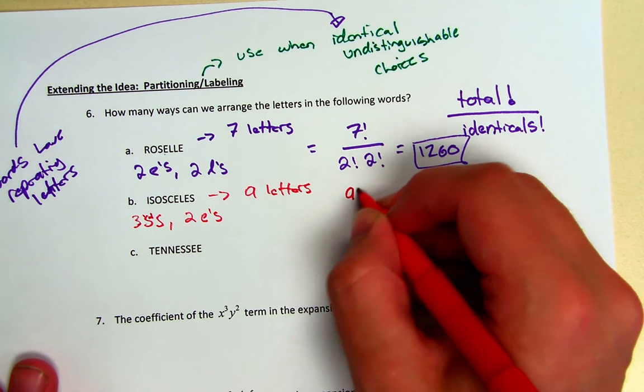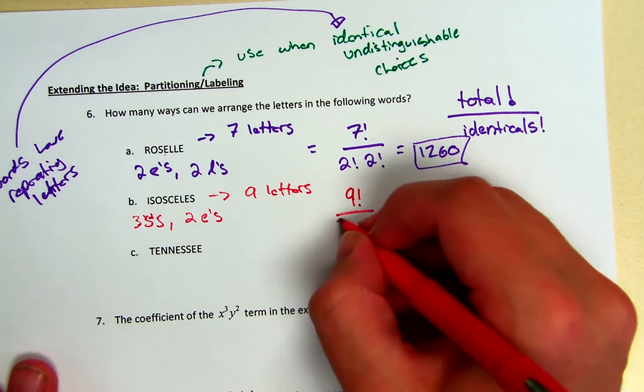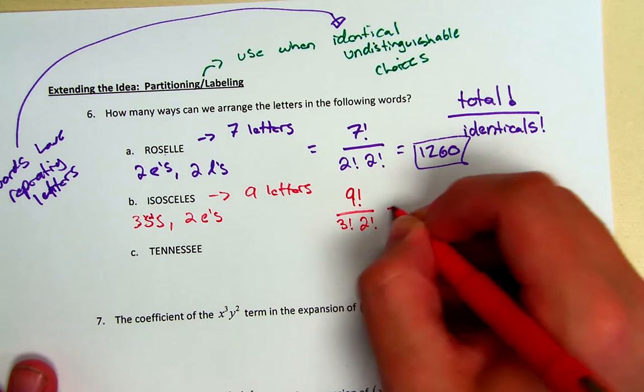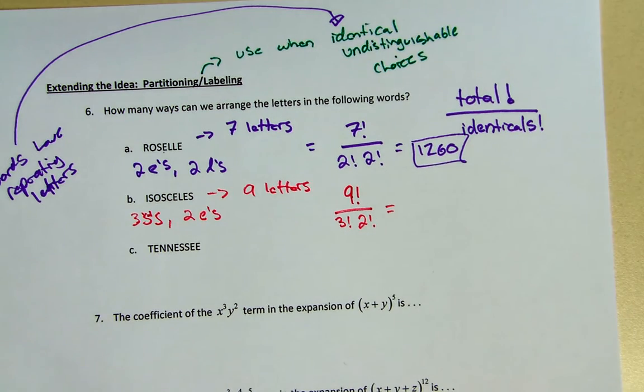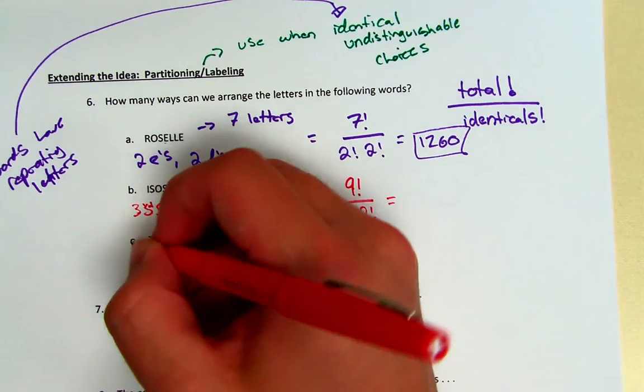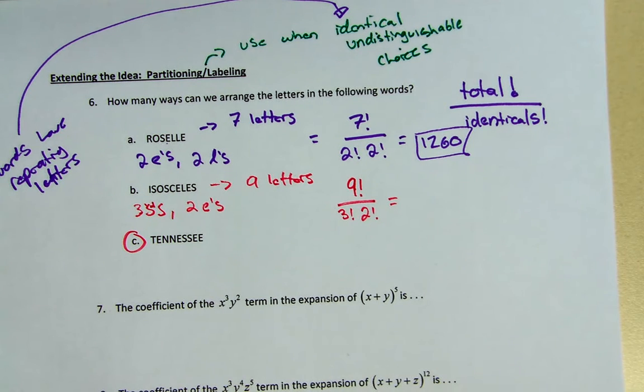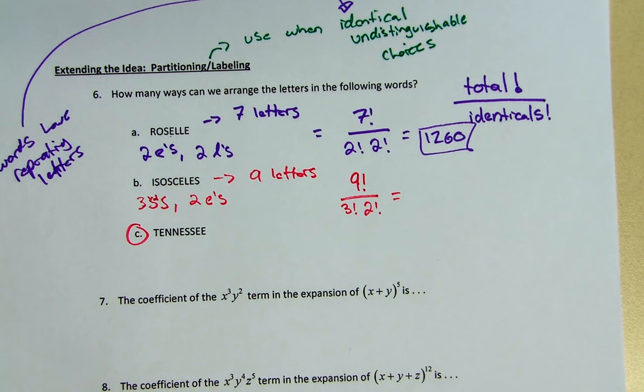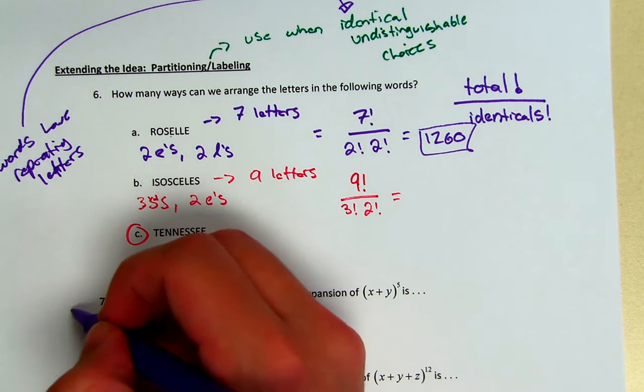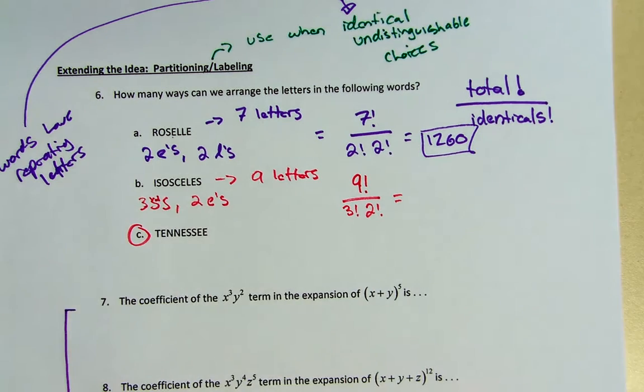So 9 factorial over 3 factorial, 2 factorial. Alright, so I'm going to let you pop that in your calculator and finish out Tennessee.